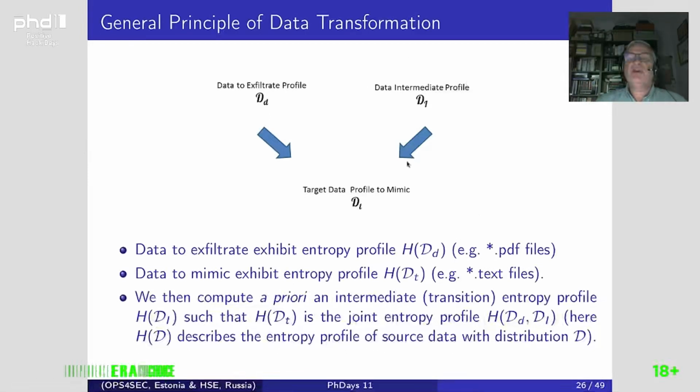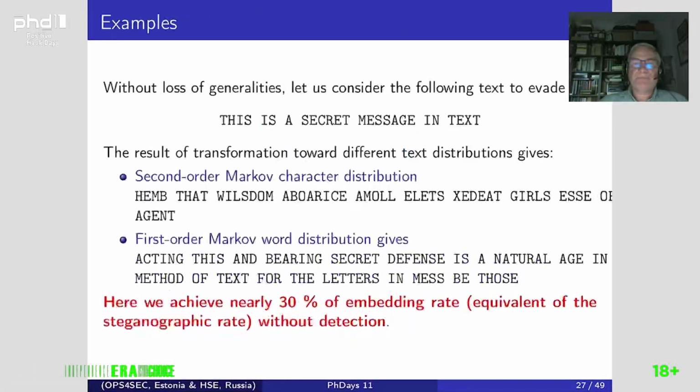For that, you have to consider an intermediate profile, and the combination of the two statistical profiles will enable you to create documents following the target data profile. From a mathematical point of view, we have to consider what we call the joint entropy profile, in order to combine them into the resulting target data profile.